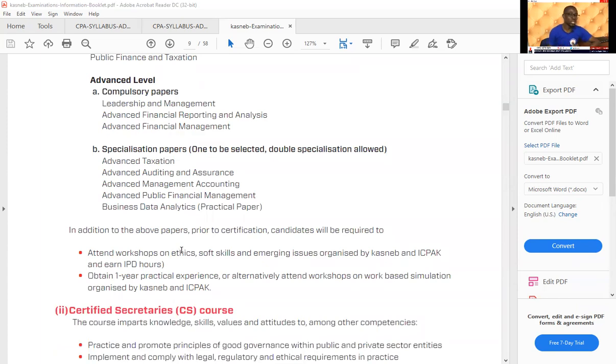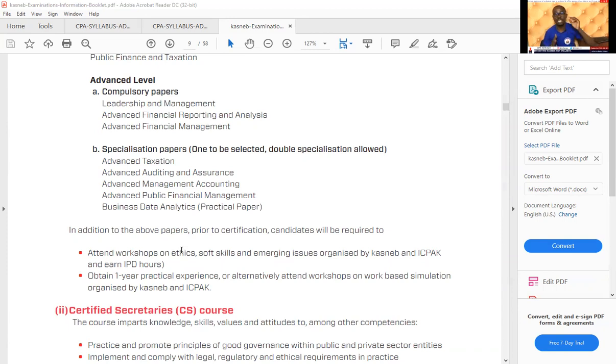So you'll find that in addition to these papers, before you are given a certificate of completion, you'll have to undergo two main elements. First of all, you'll be required to attend workshops that will be organized by Kasneb and probably ISPAC. In addition to that, you'll be required to have practical skill and knowledge, term it as an internship, for a period of 1 good year.